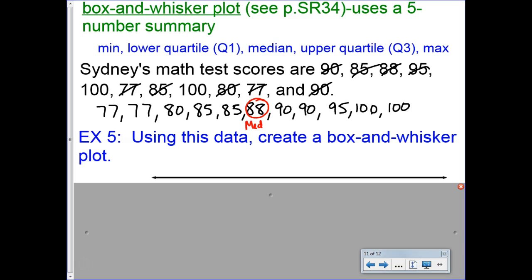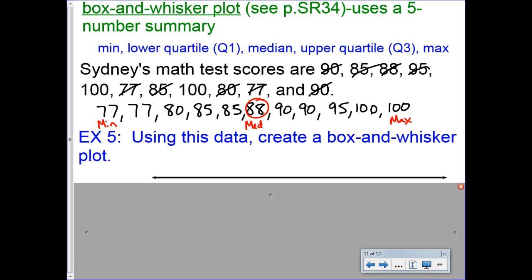I know that my minimum is right here at 77. My maximum is right here at 100. Now, your Q1 and your Q3 come from the median of half of the values. When your median is one single middle number, you don't include that median. When your median is two different numbers and you have to average, you include the two numbers from your original data.